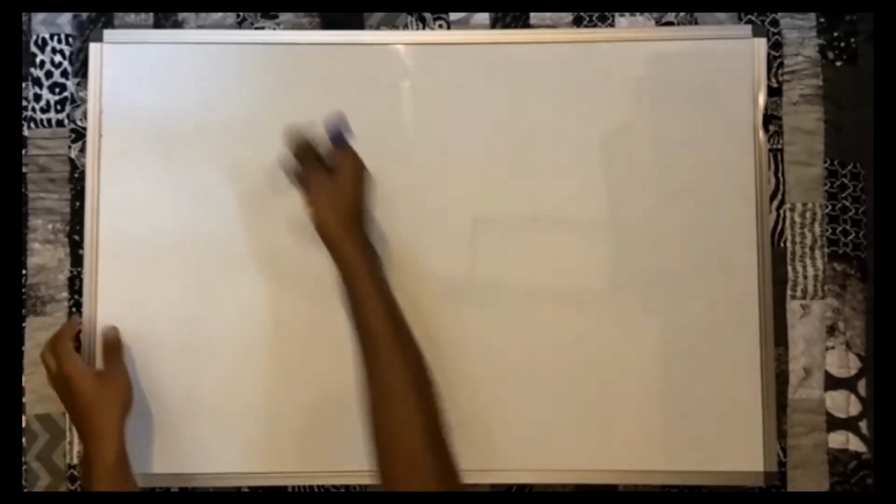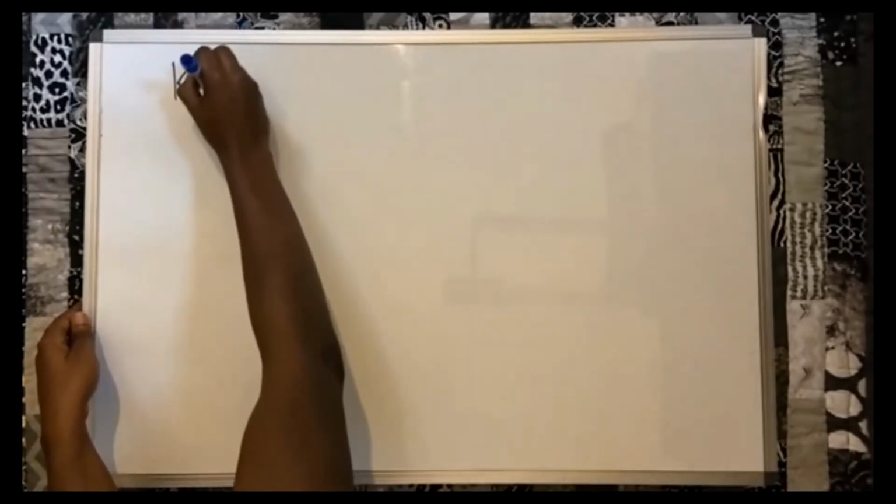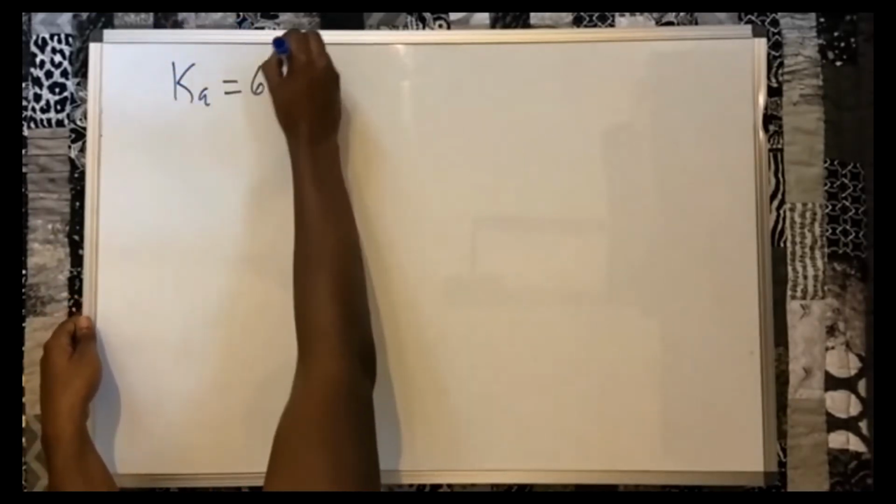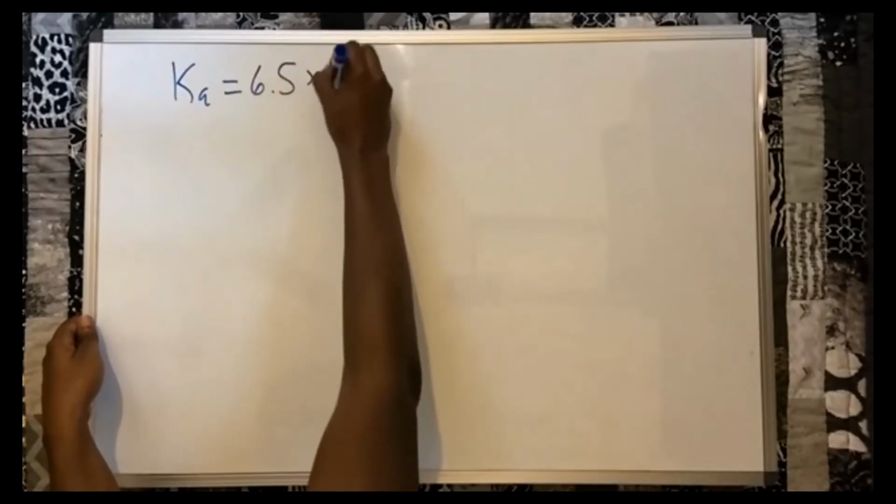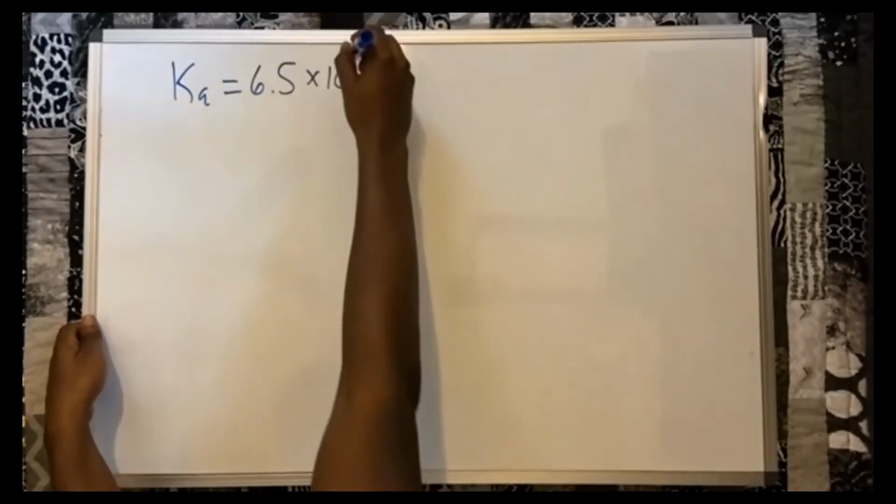You all can see this? Yes. All right, so we're doing benzoic acid. We got the Ka of it, so we know that Ka is 6.5 times 10 to the -5. Let me know if you can't see this.